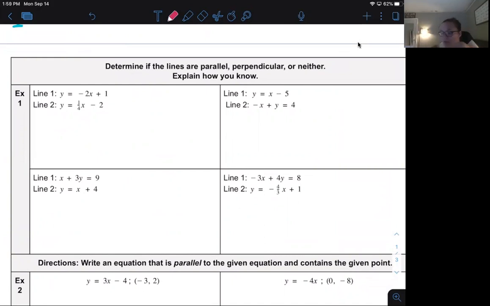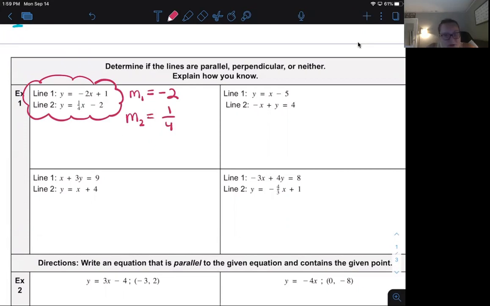Well, if you look at line 1 in the first part of our example here, line 1 has a slope, so M1, our first slope, is -2. Then the slope of line 2 in y equals 1/4 x minus 2 is 1/4.